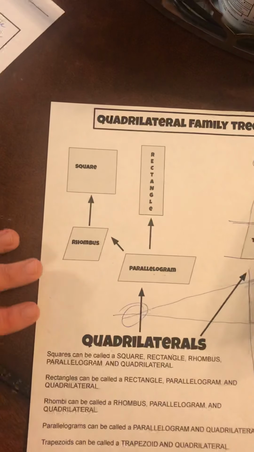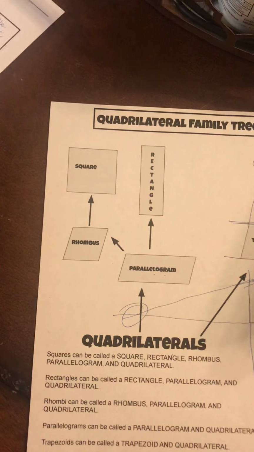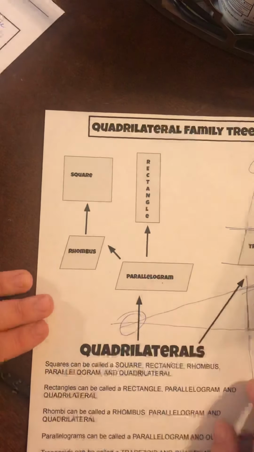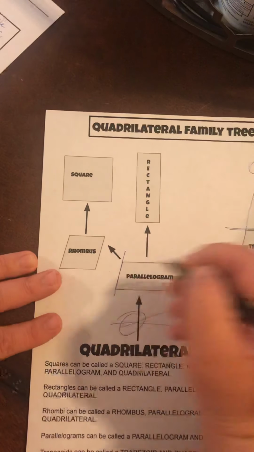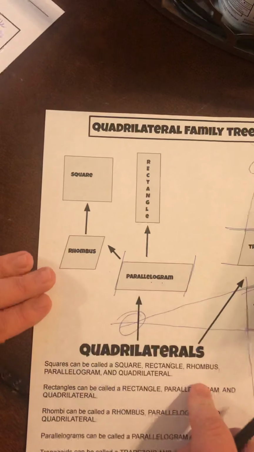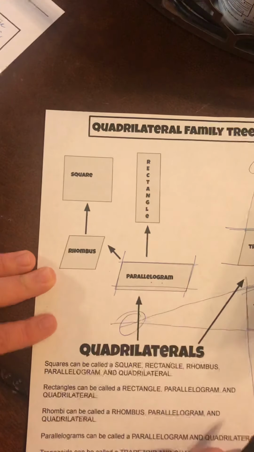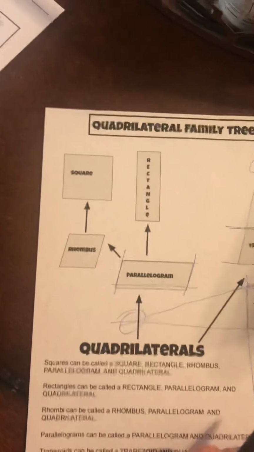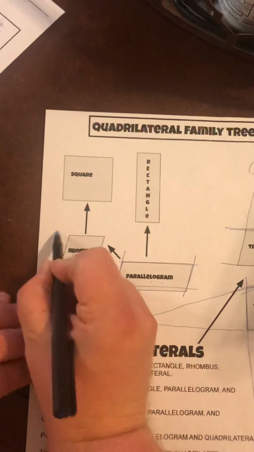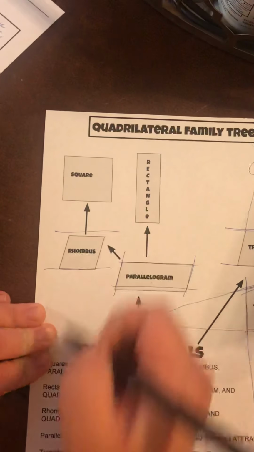The rest of these have two pairs of parallel lines, and that's the reason why we call them parallelograms. So for example, these two lines will never meet. They're parallel. These two lines are parallel. They'll never meet. The rhombus. These two lines are parallel.